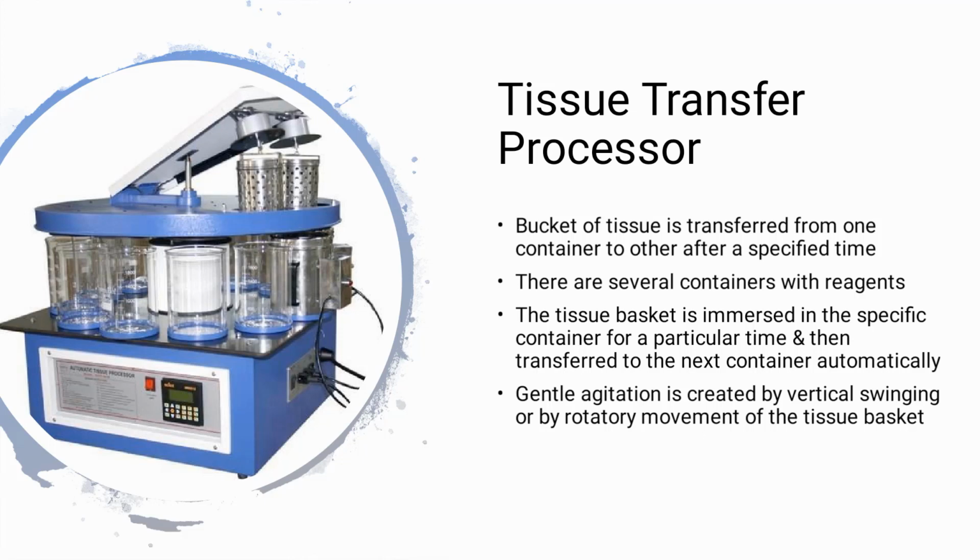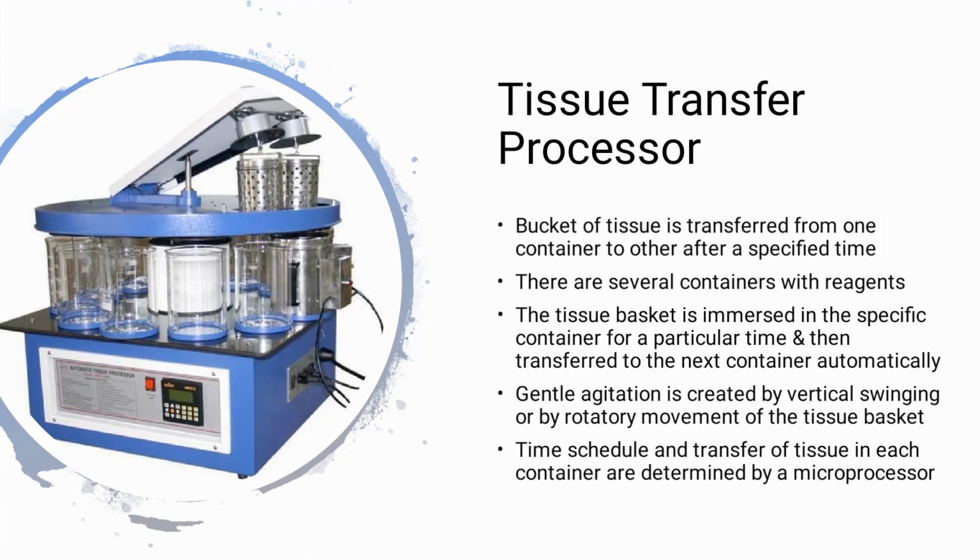Within each container, agitation is created by slightly swinging or by the rotation movement of the tissue basket. The time schedule and transfer of tissue in each container is managed and programmed by a microprocessor which is present inside the tissue transfer processor.